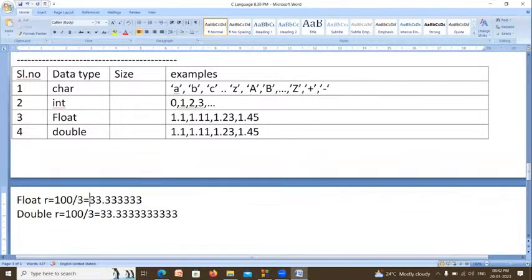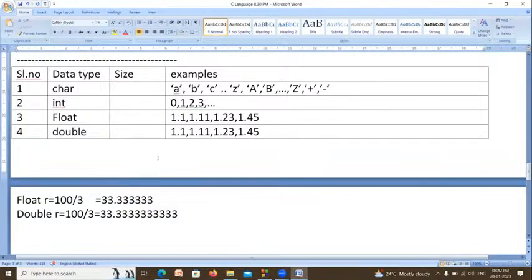Both are floating point numbers. The point is there in both. What is the difference between these two? Double has 4 extra precisions, so totally it has 10 precisions, whereas float has only 6. That is the difference.